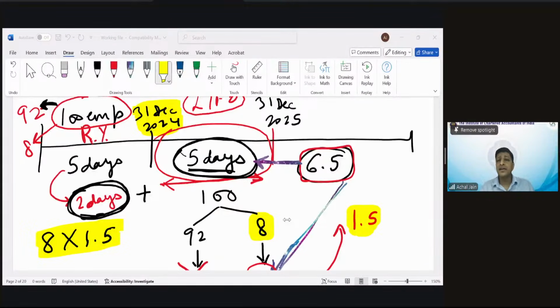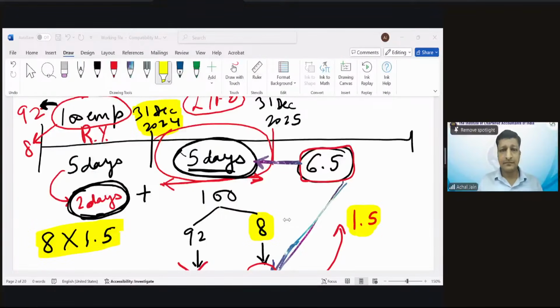In the current question, we are told that 92 employees are not expected to be utilizing those 2 days. Yes or no? That's the expectation. They will not be able to utilize. So that's why we are not recording it. But let's suppose the entity expects that 92 employees will be utilizing these 2 days, then of course for 92 employees, 2 days will have to be recorded.